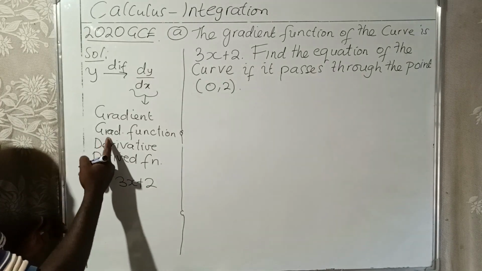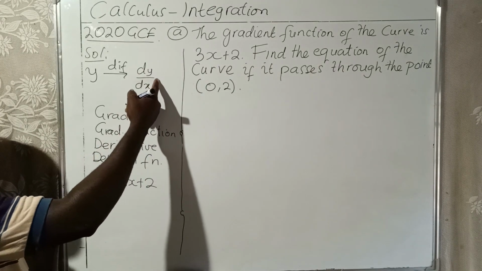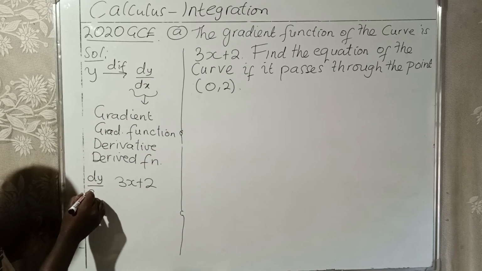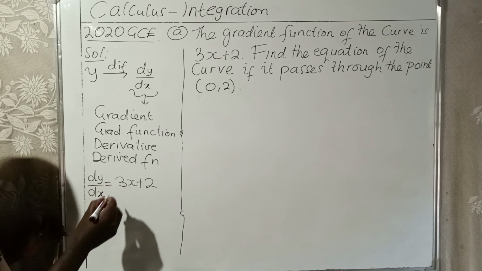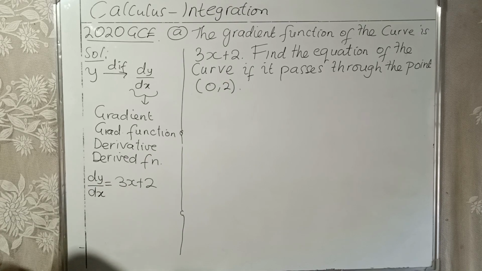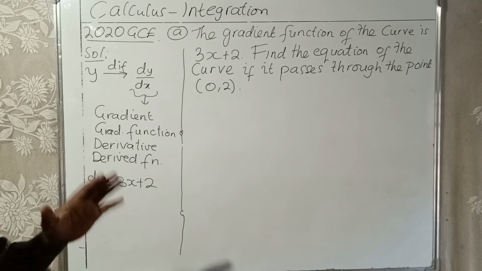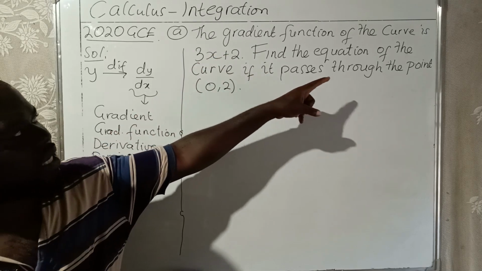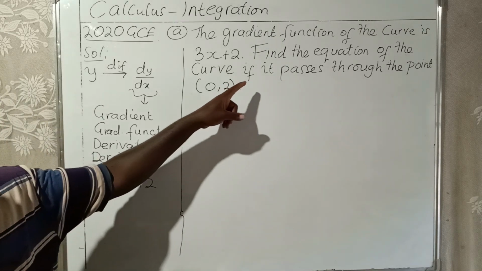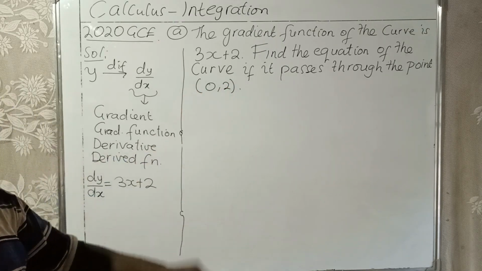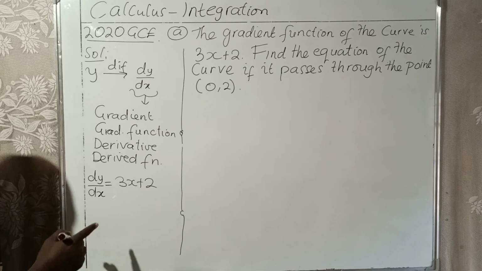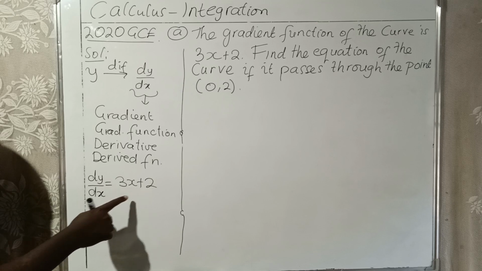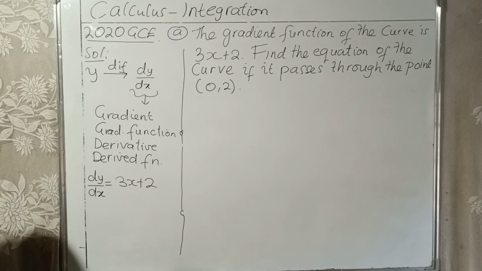Now we know that the gradient function is actually dy/dx. So we are given dy/dx as 3x plus 2. The question continues: find the equation of the curve if it passes through the point (0, 2).